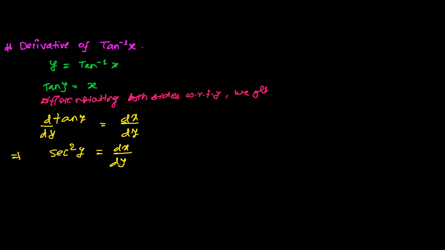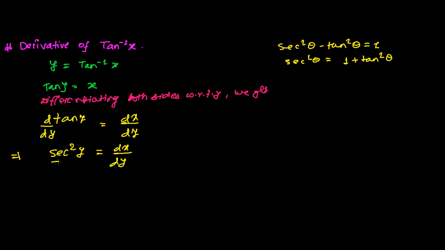And we had learned in early trigonometry that sec squared theta minus tan squared theta equals 1. So from here we can write that sec squared theta equals 1 plus tan squared theta.